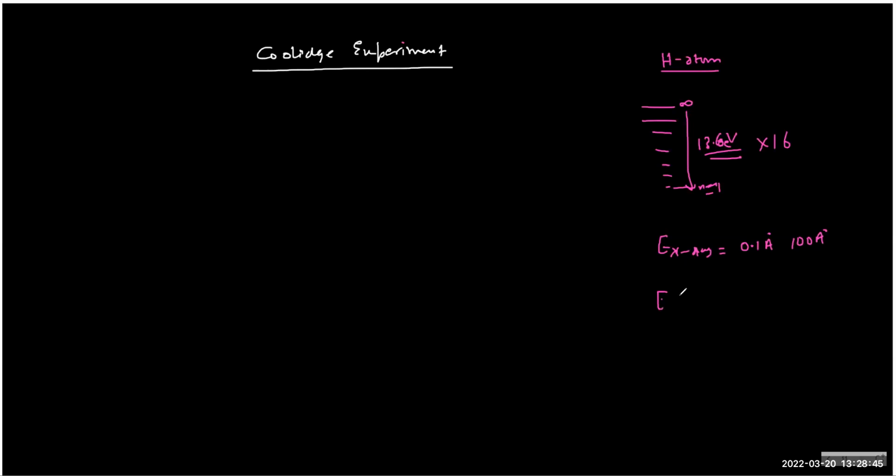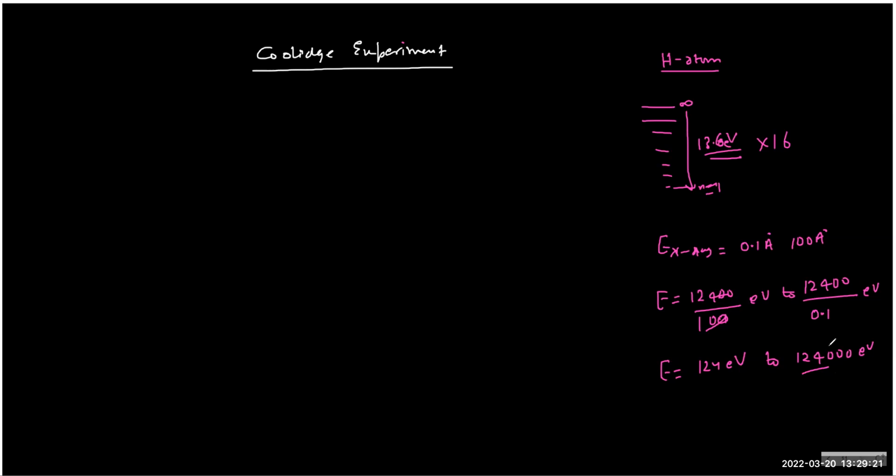So let's convert into energy: 12,400 upon 100 to 12,400 by 0.1 eV. Now you can imagine the energy in eV. It's 124 eV, and it can go up to 12,400 eV. So this is too much.